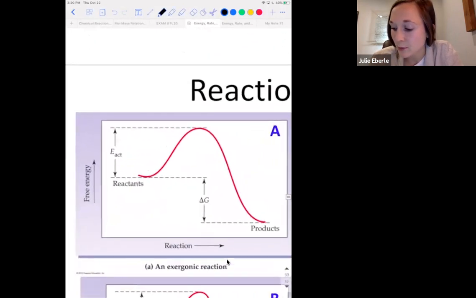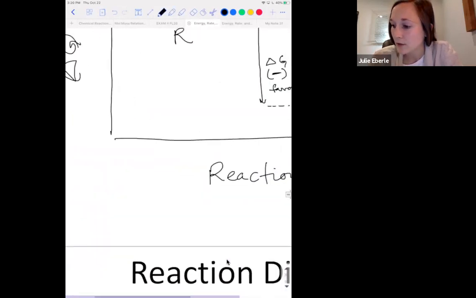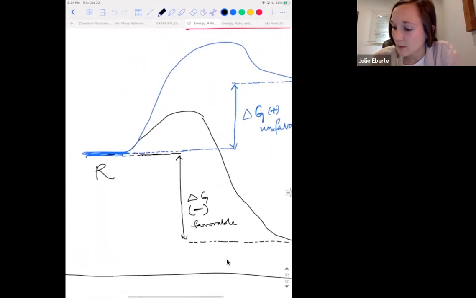And it is, for example, A, if you start at the energy level of the reactants and then you extend the line to the peak of the energy barrier, the peak part of your graph, that change right there from reactants to the peak, that is the activation energy for any reaction pathway. So if we go up here, reactants to the peak, that's the activation energy for that one.